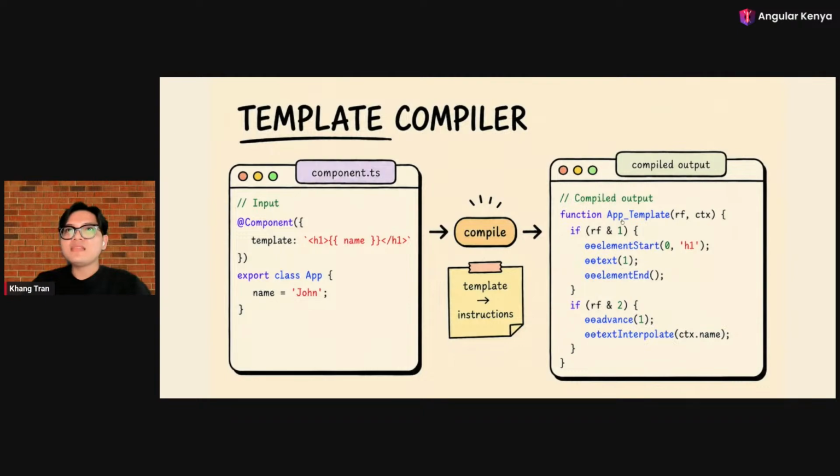So here's the compiled template of our example, and you can see that there are two separate blocks here. The first block is the creation phase, and it's responsible for creating the DOM structure, and it only runs once when the component is initialized. The second block is the update phase.